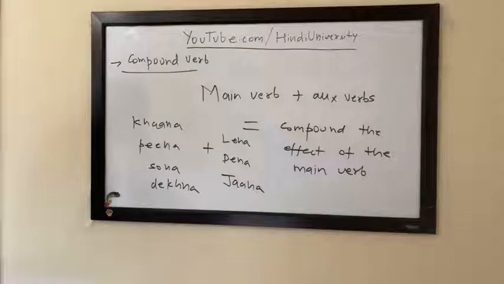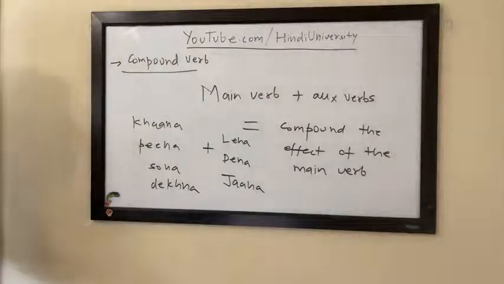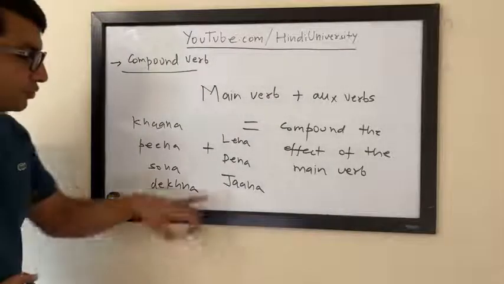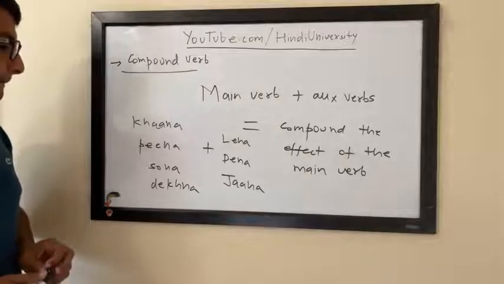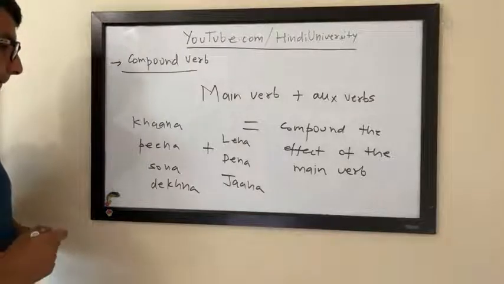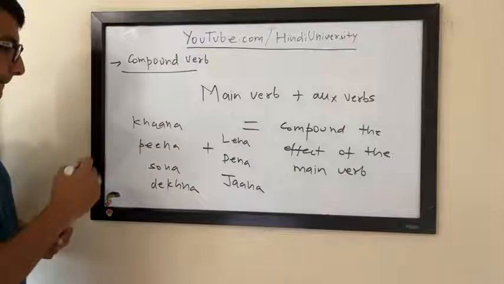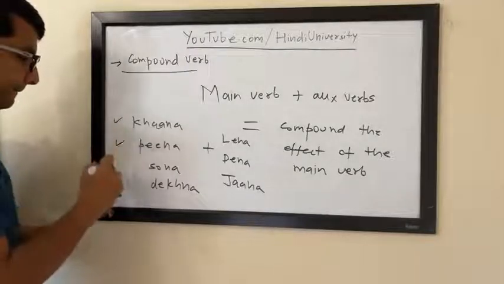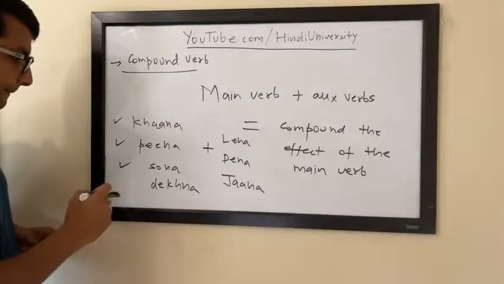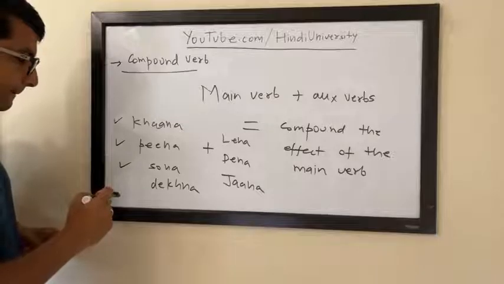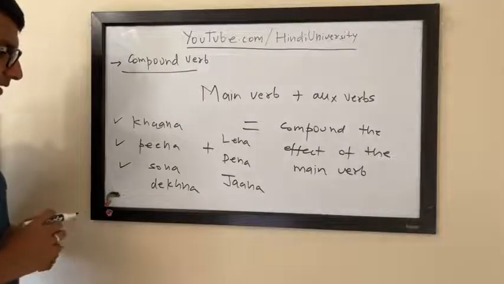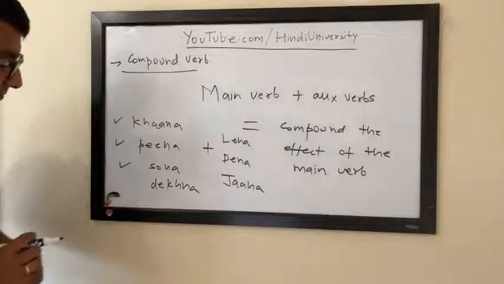Just by the look of it, Vidyaji, can you tell me which of these verbs you can use with jana? खाना, पीना, सोना. I think dekhna also. You think dekhna will?